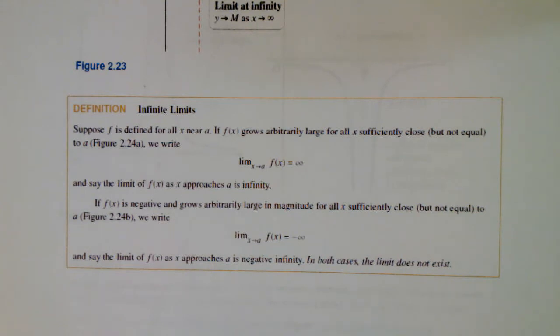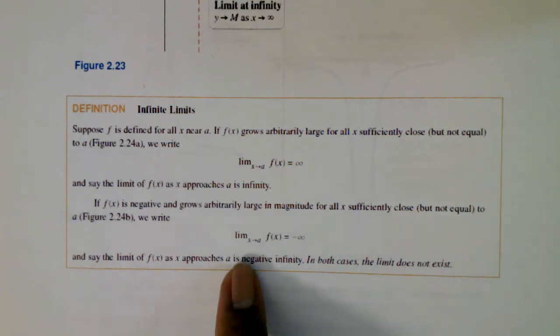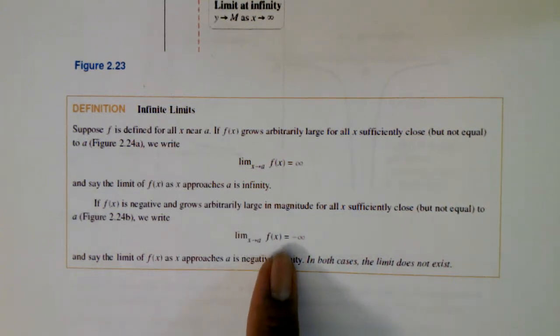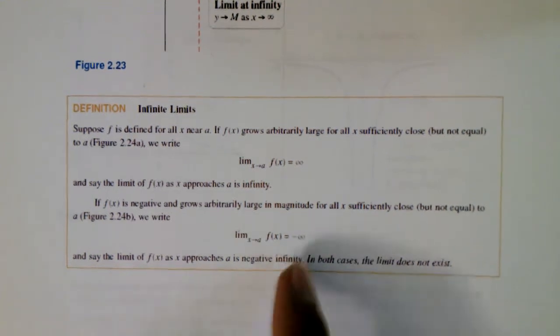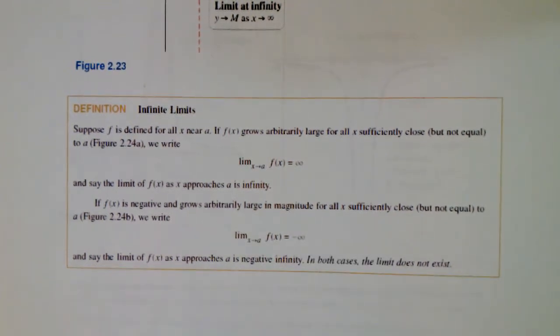And if f of x is negative and grows arbitrarily large in magnitude for all x sufficiently close but not equal to a, we write it like this: the limit as x approaches a of f of x is equal to negative infinity. Okay.